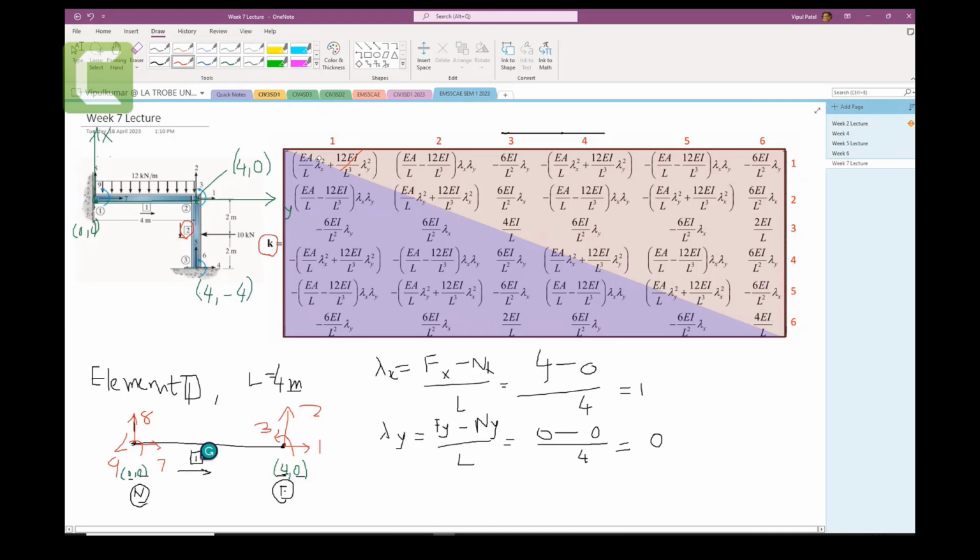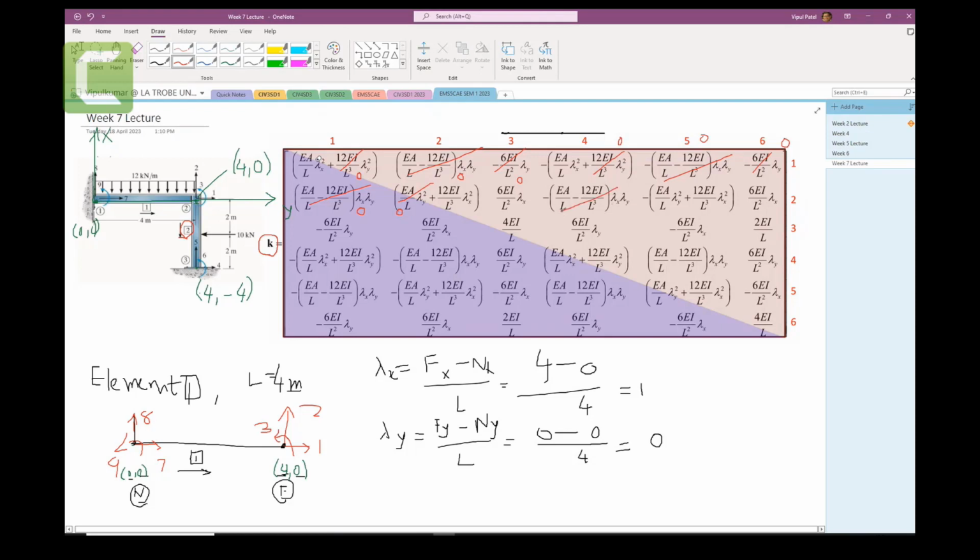So this whole thing is 0, because lambda y is 0. Quite easy here. I hope you understand what I'm doing. Wherever lambda y appears, the term is 0.